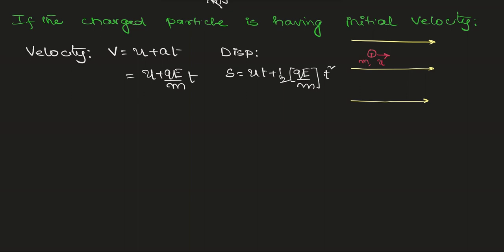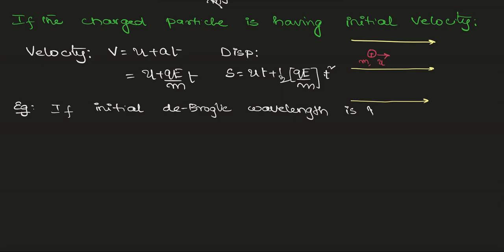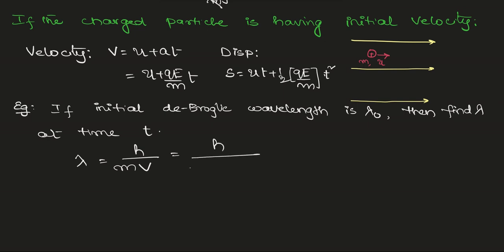Here I can extend the same example. If the initial de Broglie wavelength is lambda naught, find the de Broglie wavelength after any instant of time t. Then lambda will be equal to h by mv, which is h by mu into, taking u as common, 1 + qE by mu into t. h by mu is nothing but lambda naught.